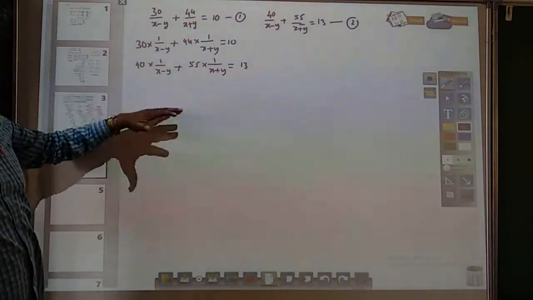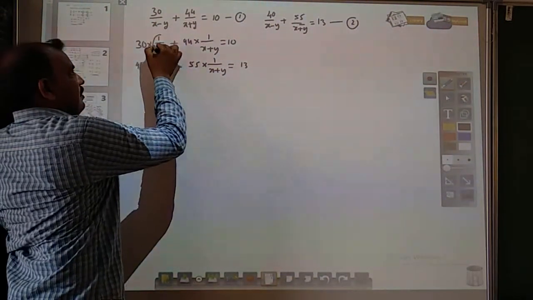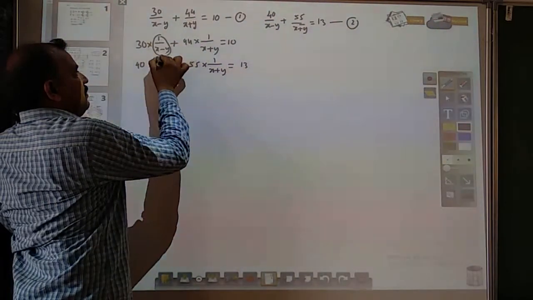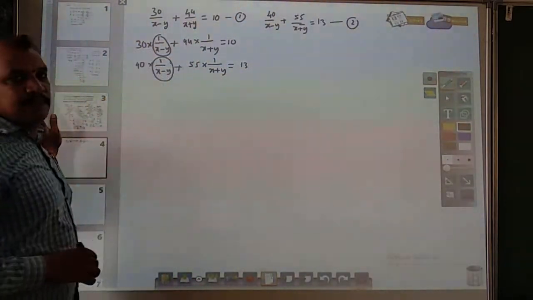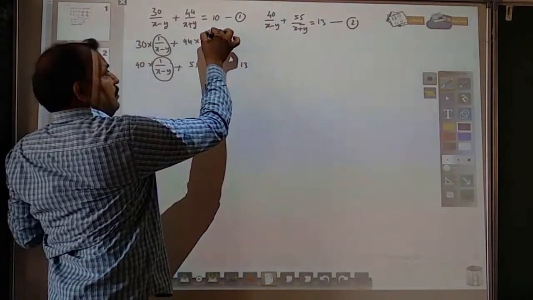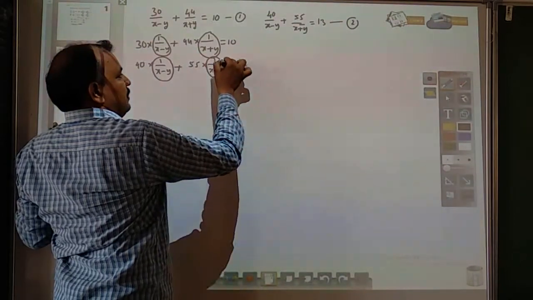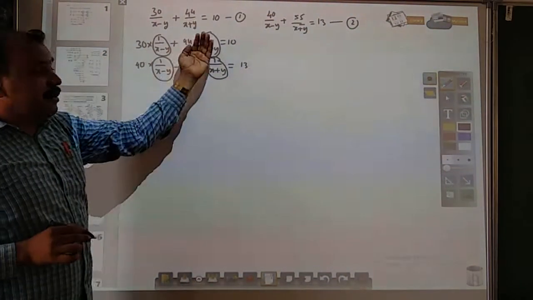Observe these two terms: 1 by x minus y is common. Let it be one variable, A. In these two terms, 1 by x plus y is common. Let it represent another variable, B.